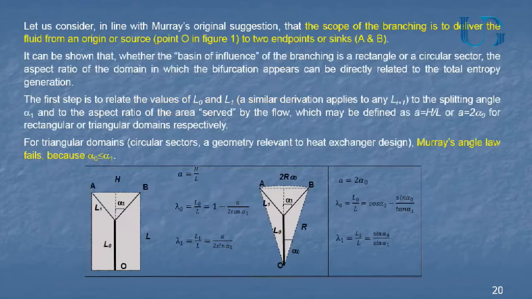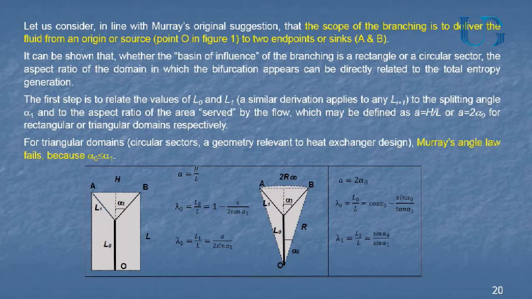Well, a way to criticize a theory is to approach it from scratch. You draw a bifurcation and then start thinking what happens here. Well, let's think the way Bejan does. Bejan says the Hess-Murray law tells me how to bring some blood from point O, the source, to 2 points A and B, the sinks, or the users.